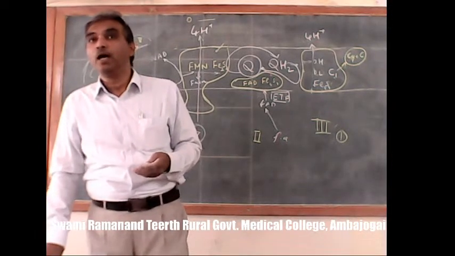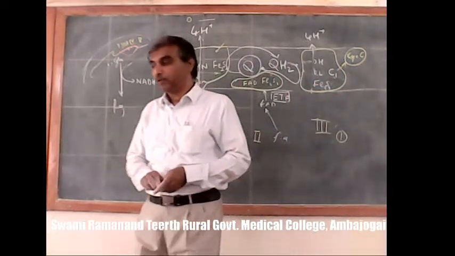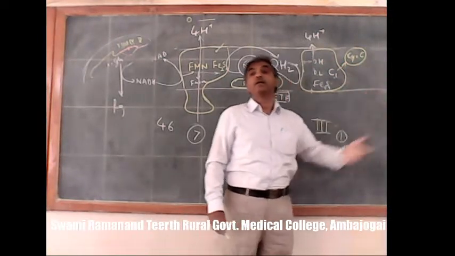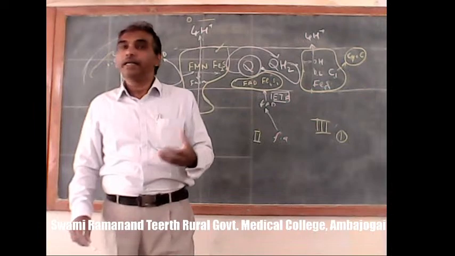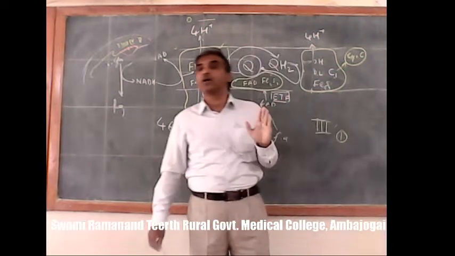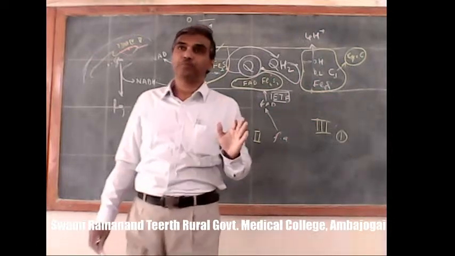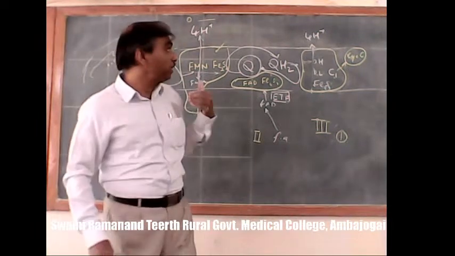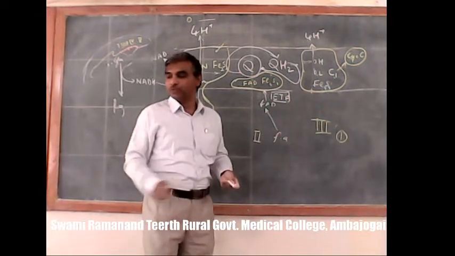From complex 3, electrons are given to cytochrome C, which is the one component of the electron transport chain that can take up electrons from this side and give them to the next complex. That's why cytochrome C is called a mobile carrier. It is mobile, it can move in a horizontal direction. So these are complex 1, complex 2, complex 3, and lastly there is complex 4.